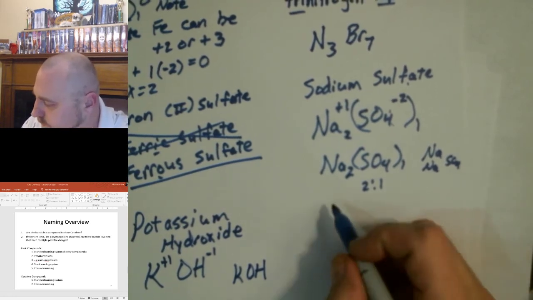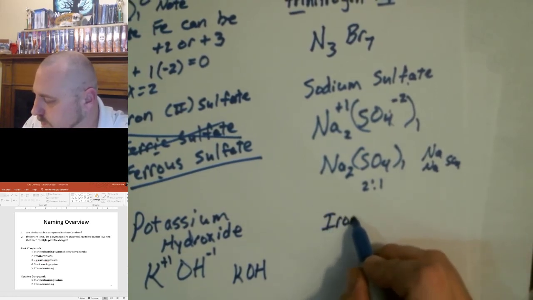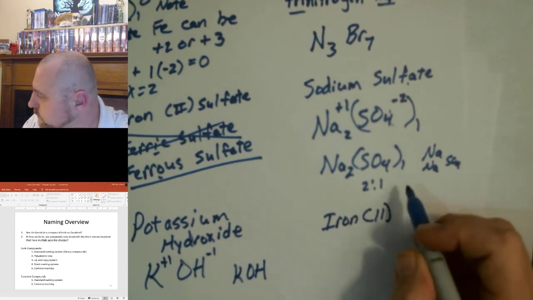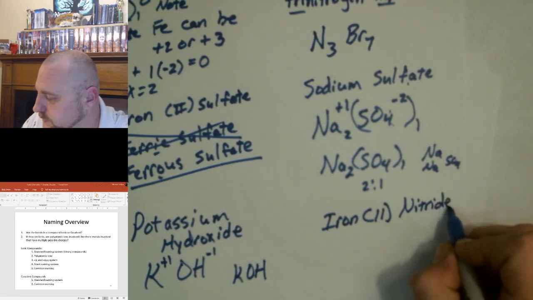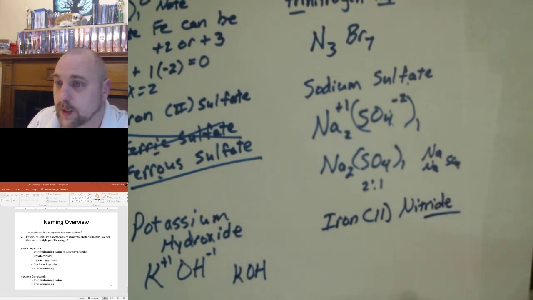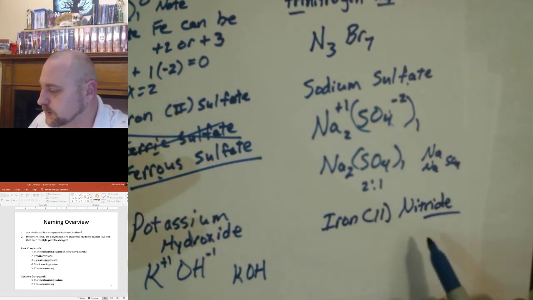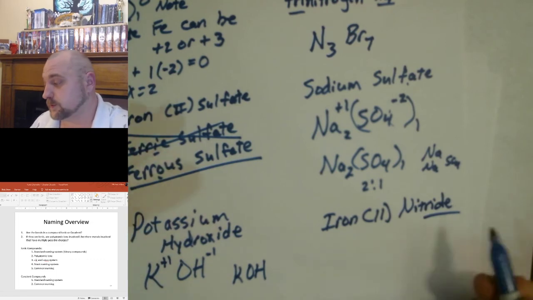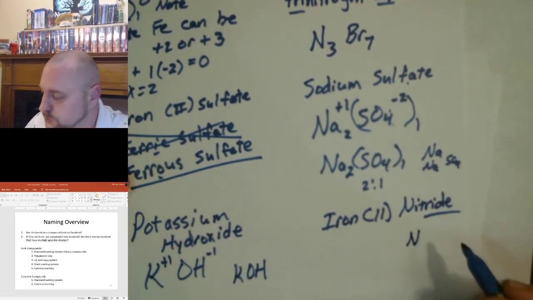Last one on my list for practicing is iron 2 nitride. Oh, I see people miss this all the time. This nitride, they start to think of nitrate because of all the memorization we did on nitrate, NO3. There's a nitrite. There's nitride, though, is just N that has a negative charge.